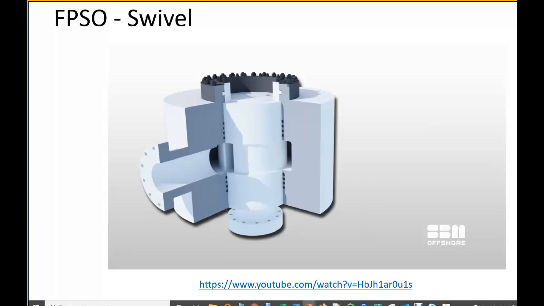Also, if you have to inject too much water, it might be that you have enough injectors in the reservoir, but the swivel might be a bottleneck.